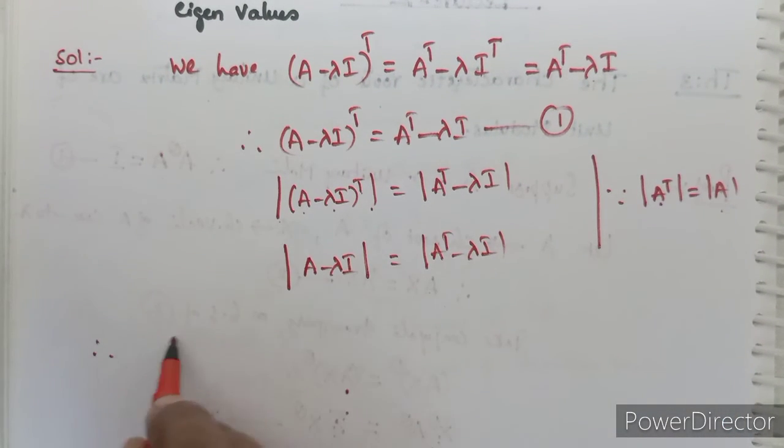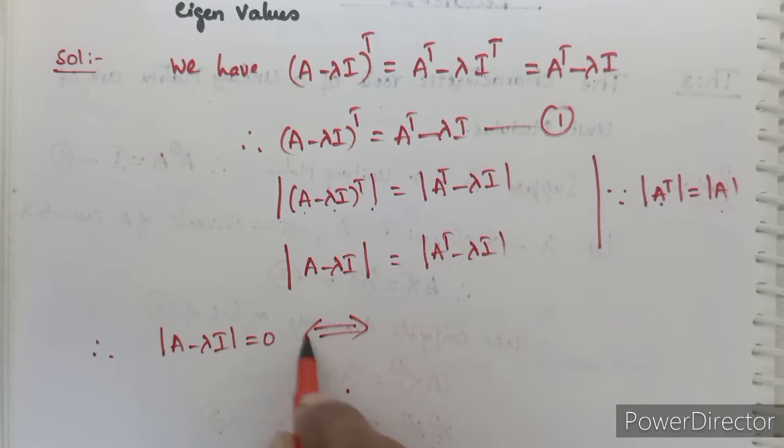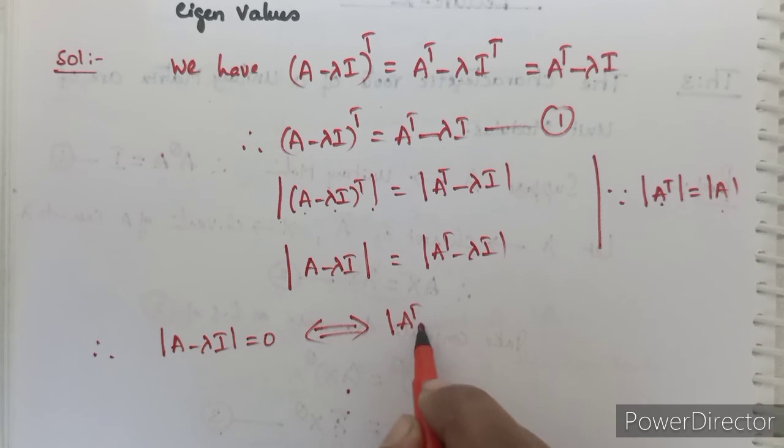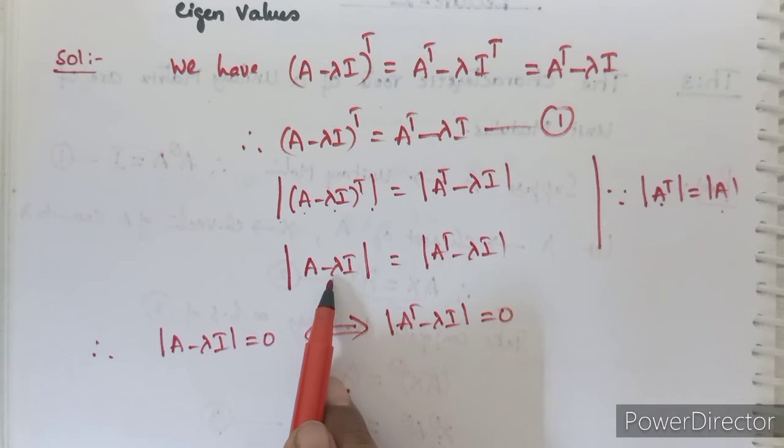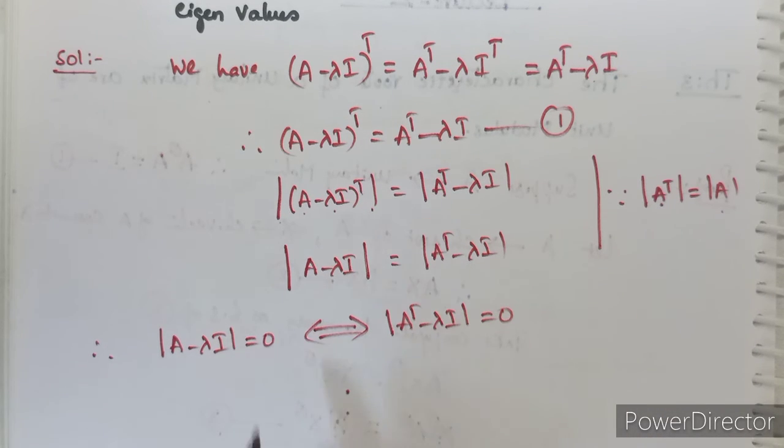Therefore, det (A − λI) equal to 0 if and only if det (A transpose − λI) is equal to 0.